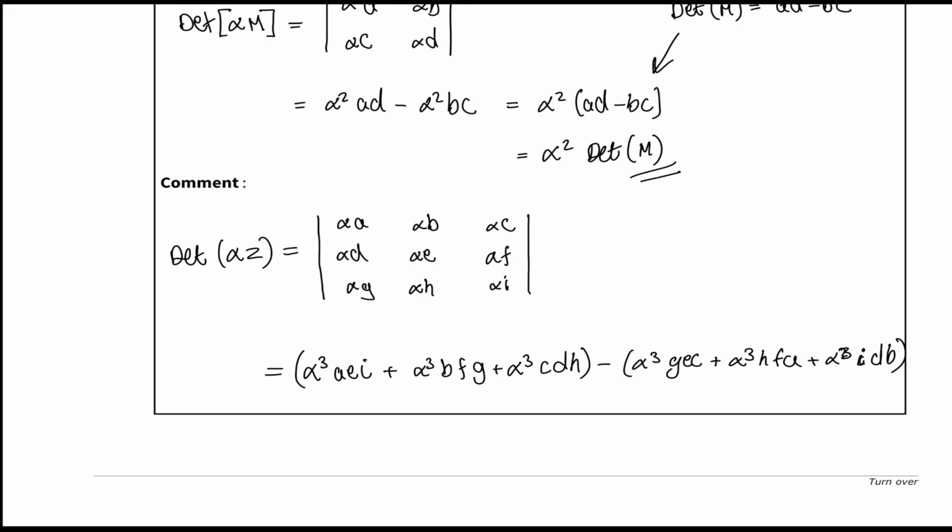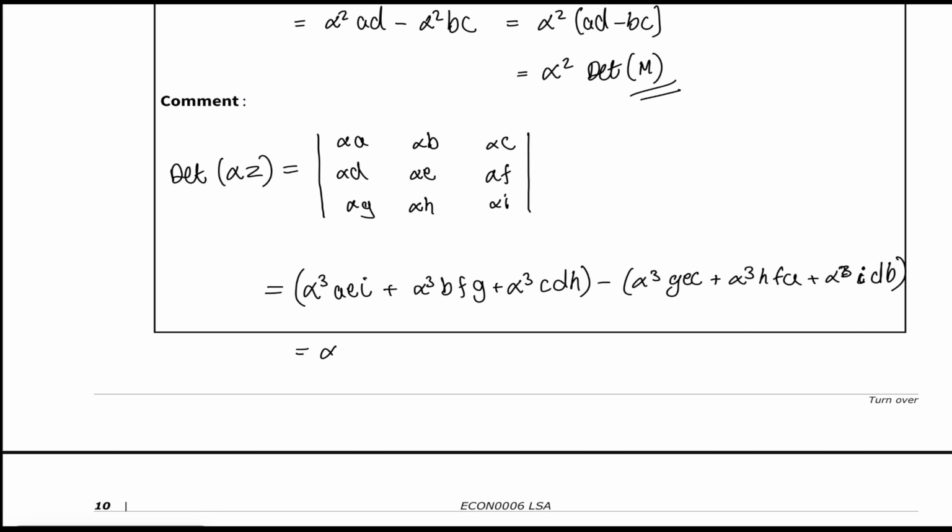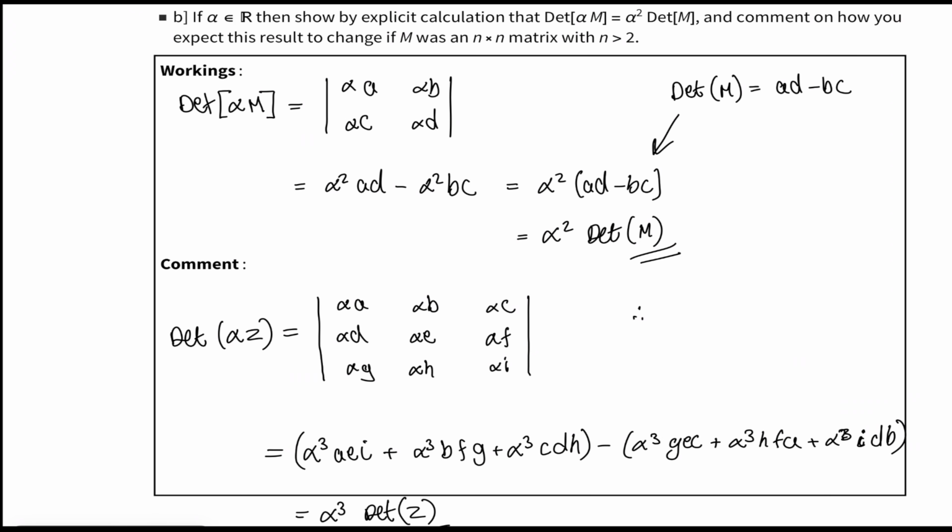So hopefully you can see that we can take out alpha cubed and we're just going to get the determinant of Z. So what we can say is that if M is an n times n matrix, det of alpha M is equal to alpha to the power of n multiplied by det M.